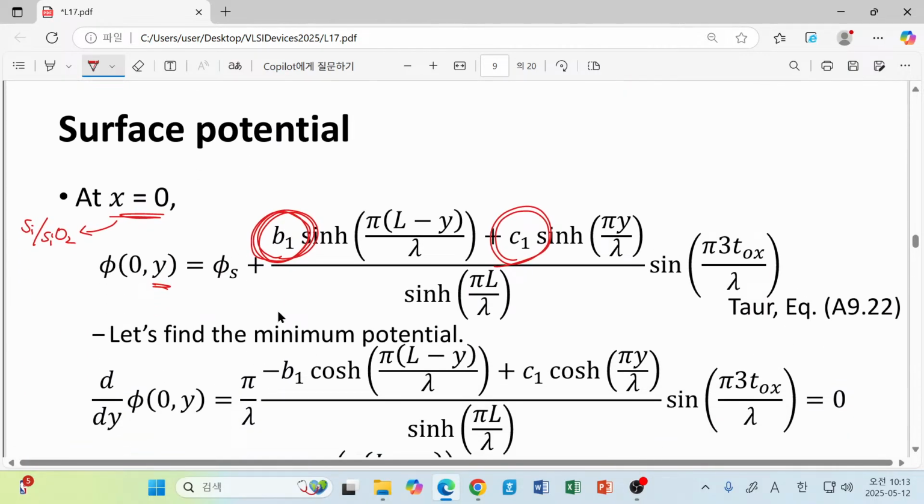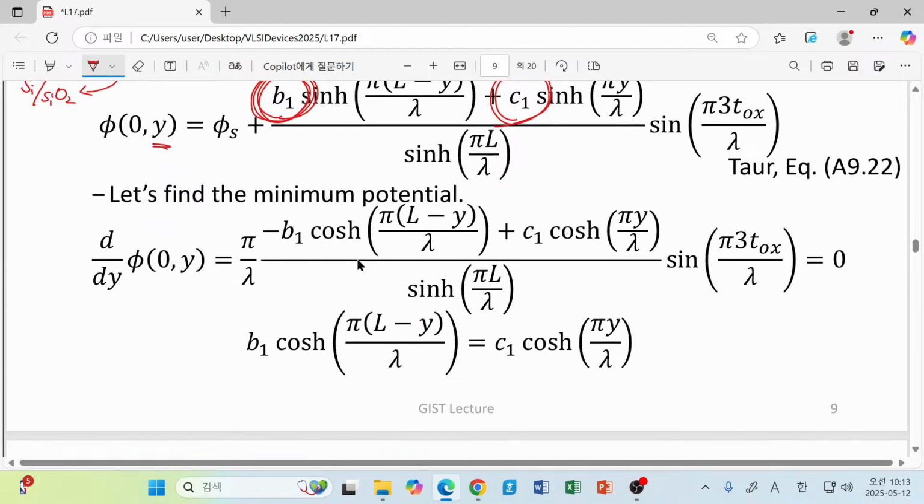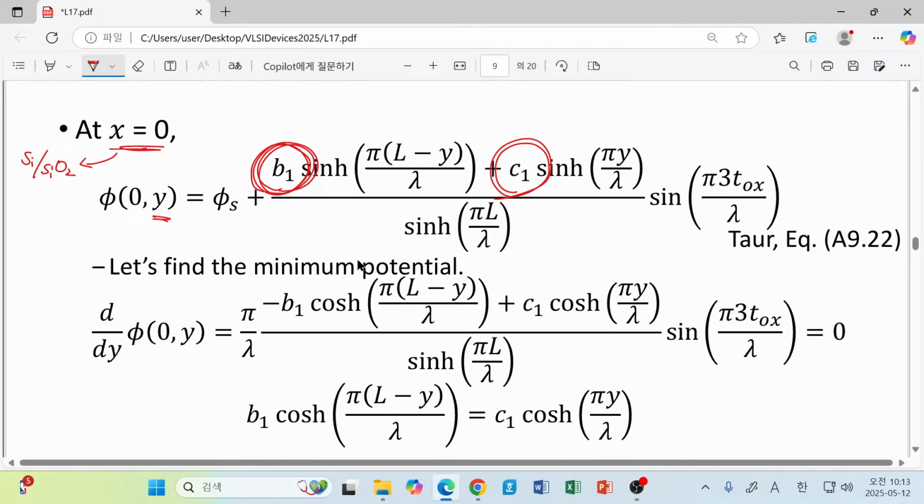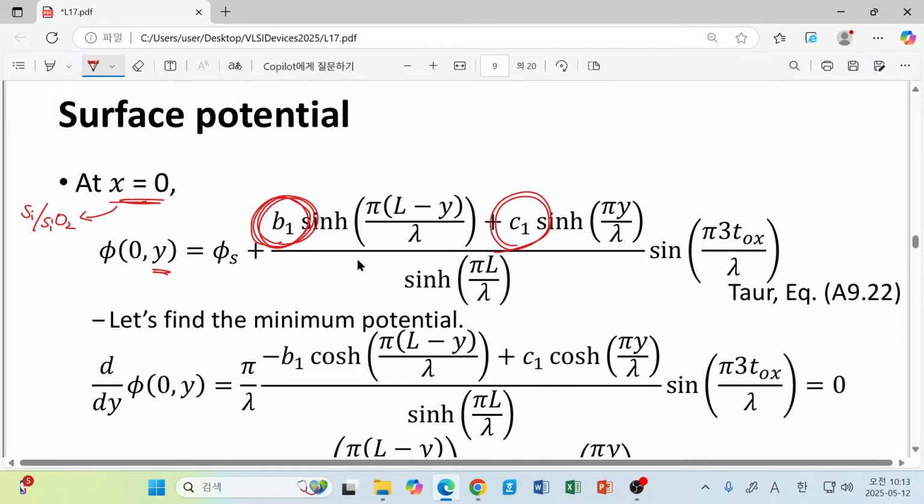So at the interface, we can find this simplified form, and later we will try to find out the minimum potential. So let me just try to draw this equation.